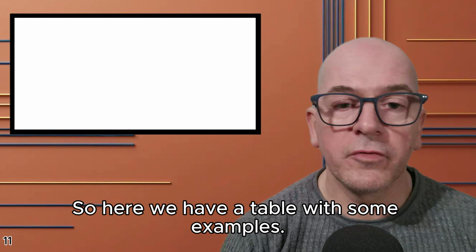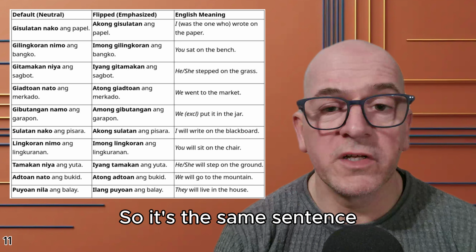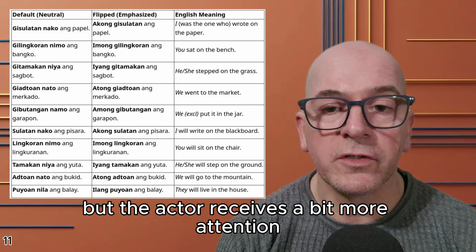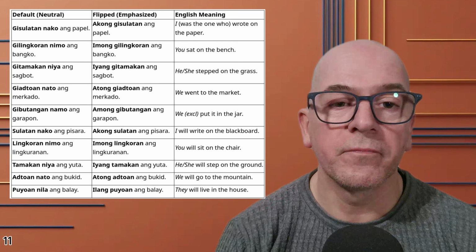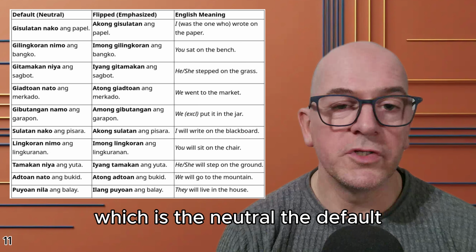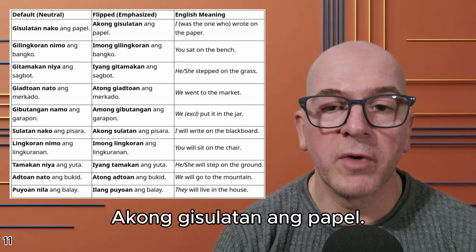So here we have a table with some examples. It's the same sentence, but the actor receives a bit more attention in the locative focus. Gisulatan nako ang papel, which is the neutral, the default. Akong gisulatan ang papel.